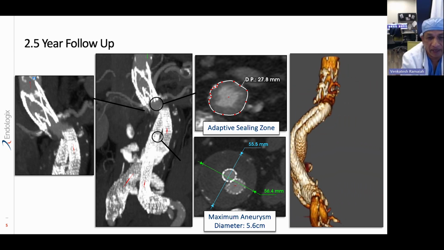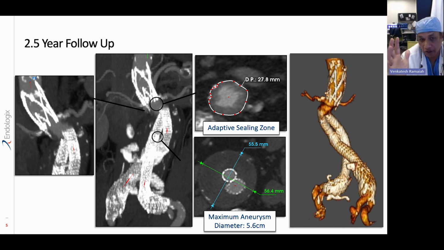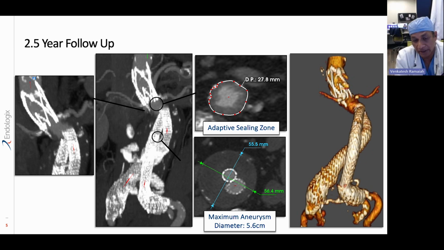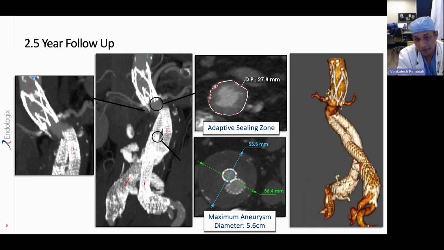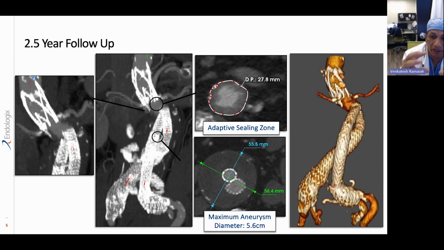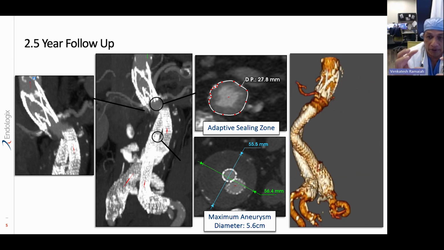You can see on the left-hand side the suprarenal metal elements that allow for fixation of the stent graft. But you see a gap between the suprarenal elements and the limbs of the graft, which have metal in them. That's because the neck of the aneurysm, the adaptive sealing zone, is made of polymer.